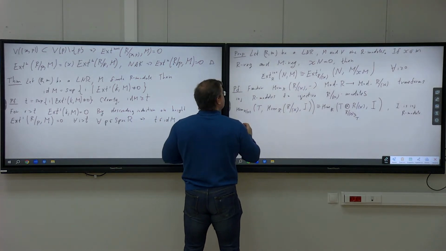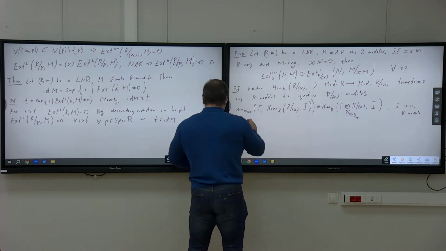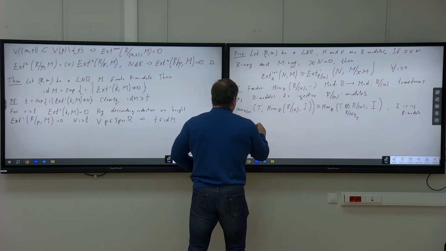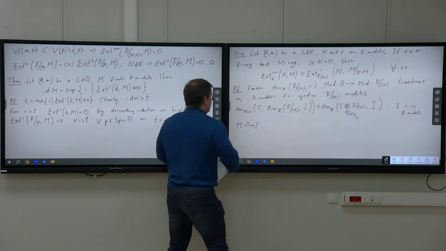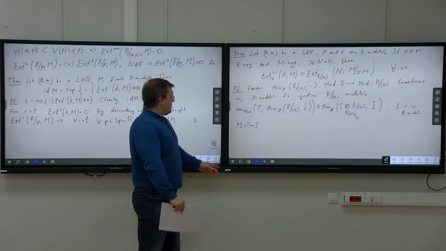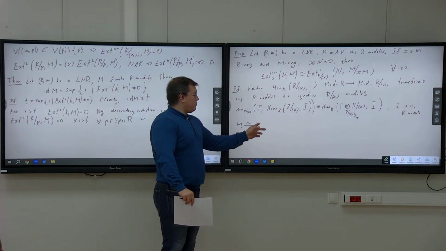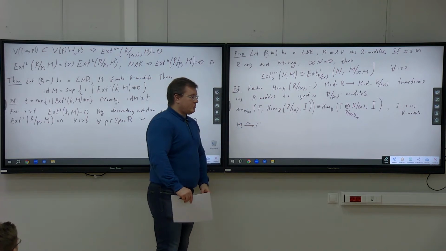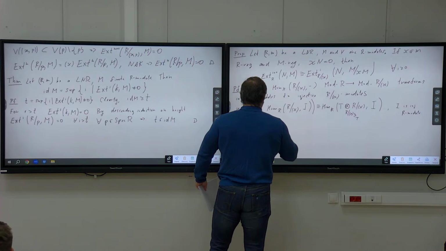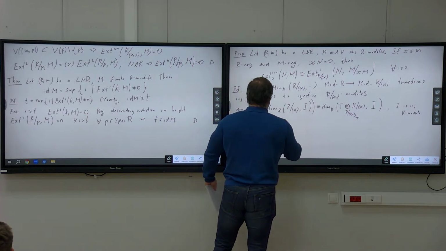Okay, now let's take an injective resolution. For shortness, I'm going to write all the time something like this. Instead of writing this whole injective resolution, I0, I1, etc., I'm going to write, say, I with a bullet and this kind of symbol for quasi-isomorphism. For me, this is just a standard notation for an injective resolution.